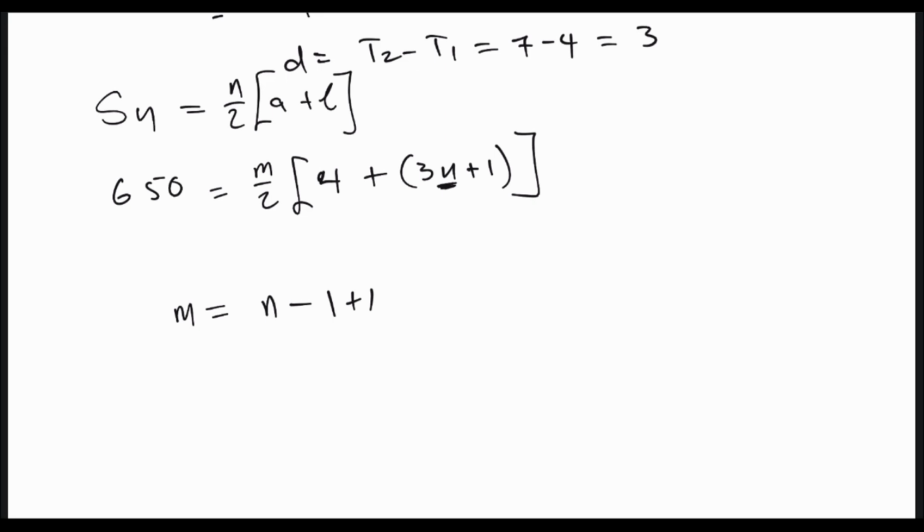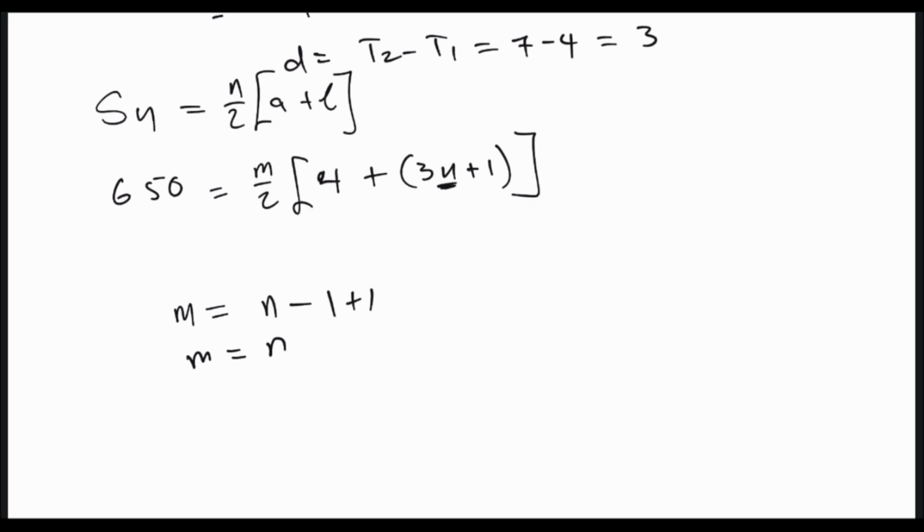So we get that m is equal to, because this 1 and that 1 cancel out, we get that m is equal to n. So because of that, now we can change this m and make it that n, right?